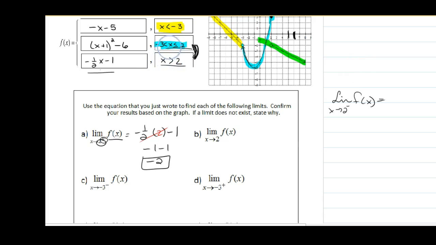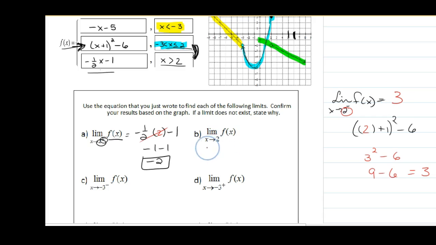Which of these has x being less than 2? This one up here. So I'm going to use this function piece. This is going to be (x + 1) squared minus 6. And I can evaluate this at 2 again, so it's the limit as x approaches 2. 2 plus 1 is 3, squared, minus 6. 9 minus 6 equals 3. So my left-sided limit equals 3.